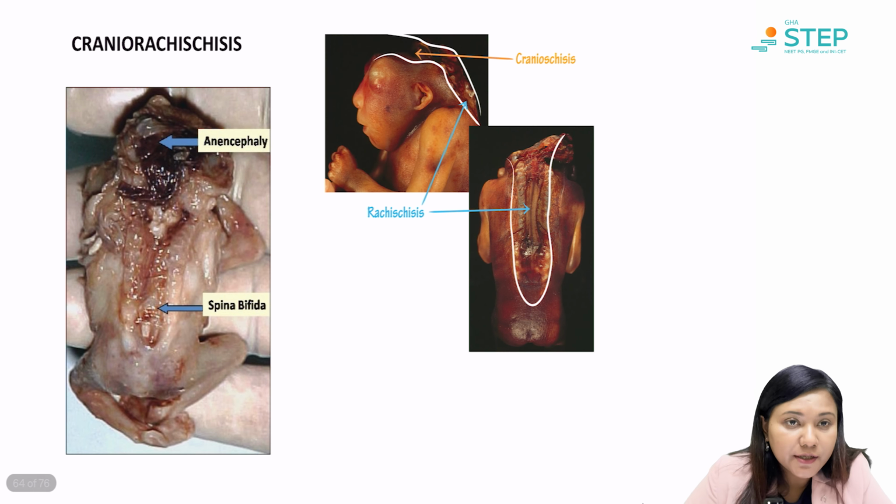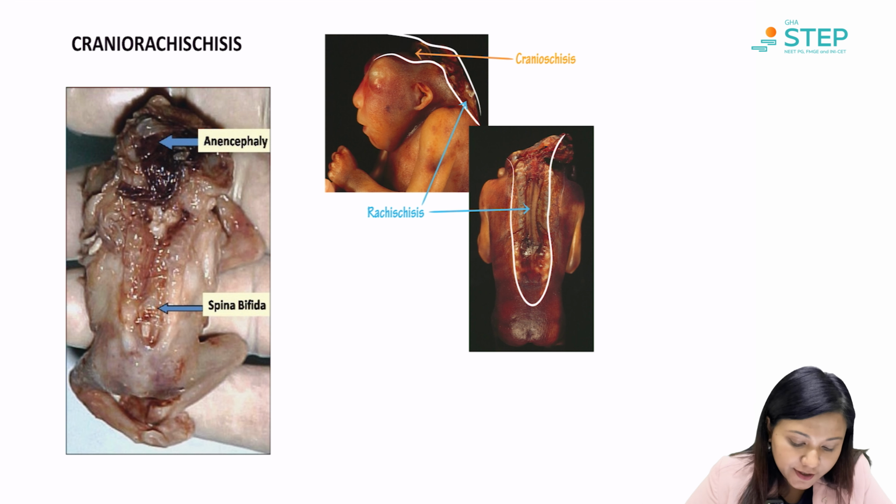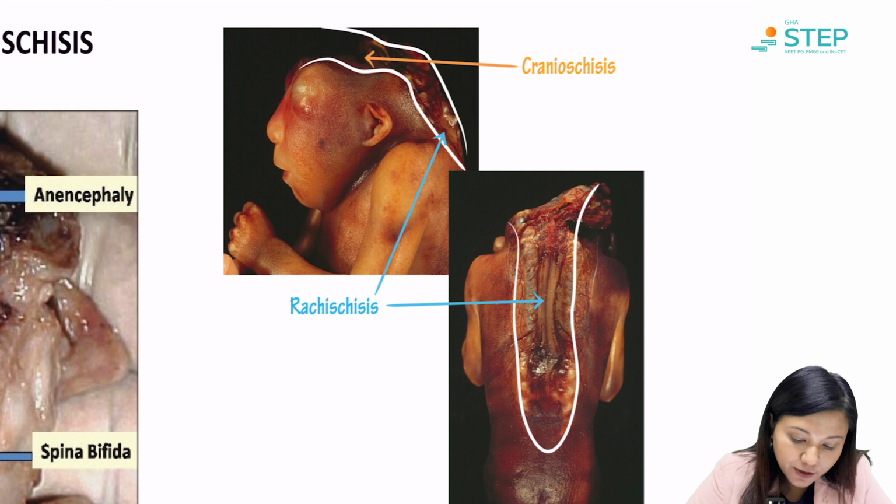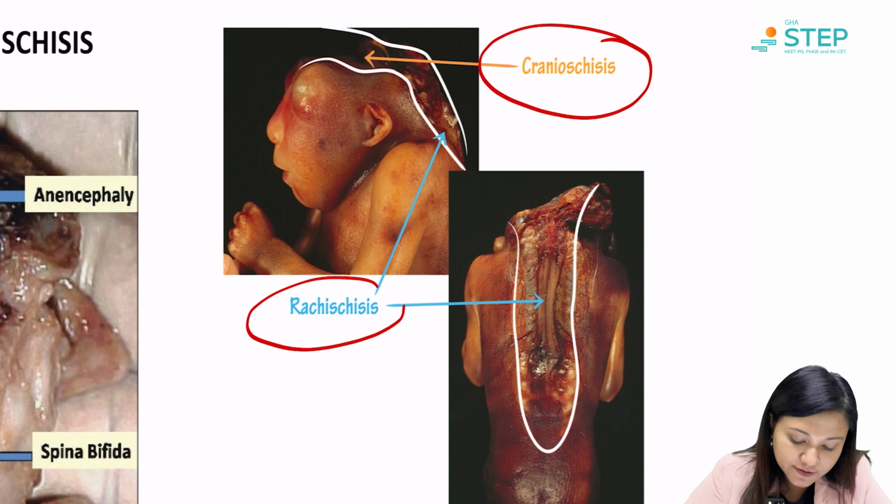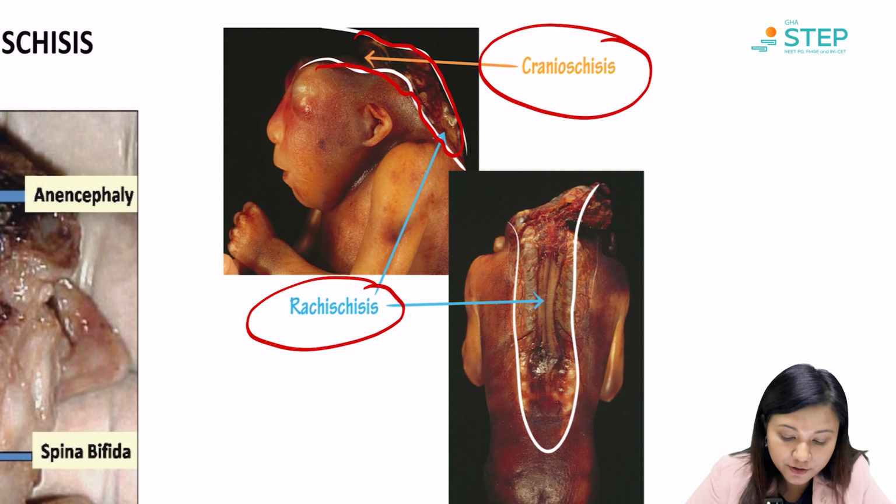Now we have another condition known as craniorachischisis. It is composed of two words: craniochisis and rachischisis. If the brain is not developed and is exposed to the outside environment, that is known as craniochisis.